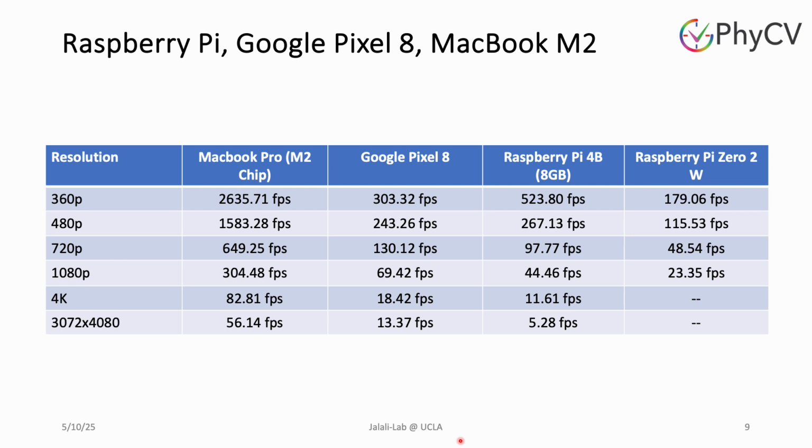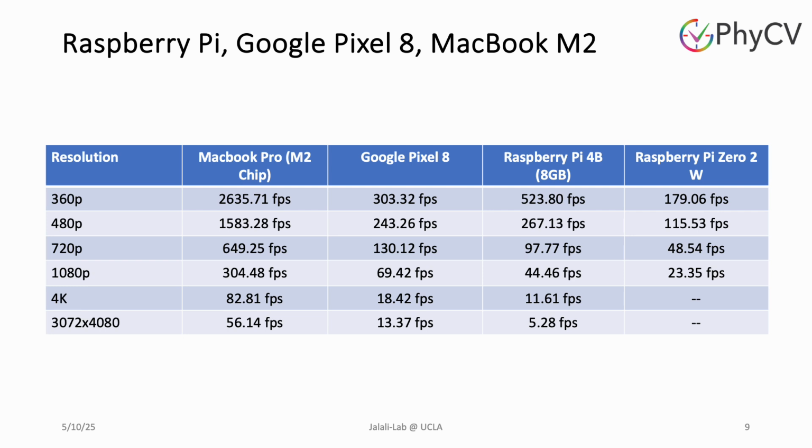The algorithm runs effectively on the Google Pixel 8 smartphone and Raspberry Pi 4B single-board computers. Vivid 2's exceptional lightweight design is perhaps best demonstrated by its performance on the minimalist Raspberry Pi Zero 2W, which still achieved 23 FPS at full 1080p resolution, making it viable for processing on the most constrained hardware platforms.